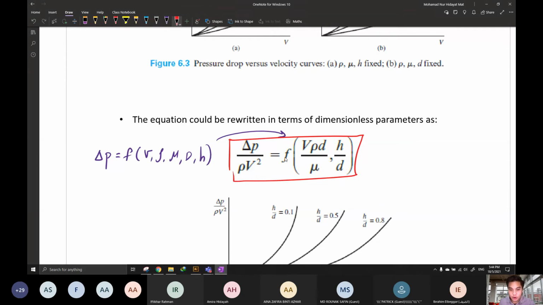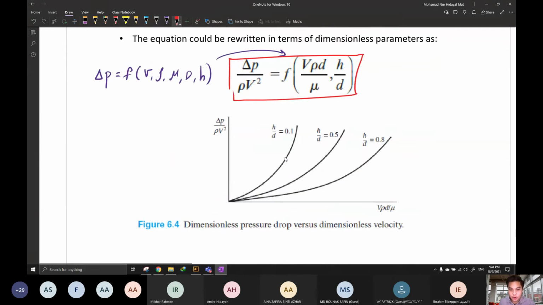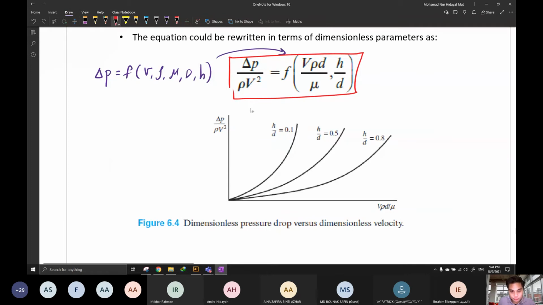From this equation, you will find this is like the y axis, and this is the x axis, and this is your variable. You change only this variable, so you only have to conduct this single experiment.